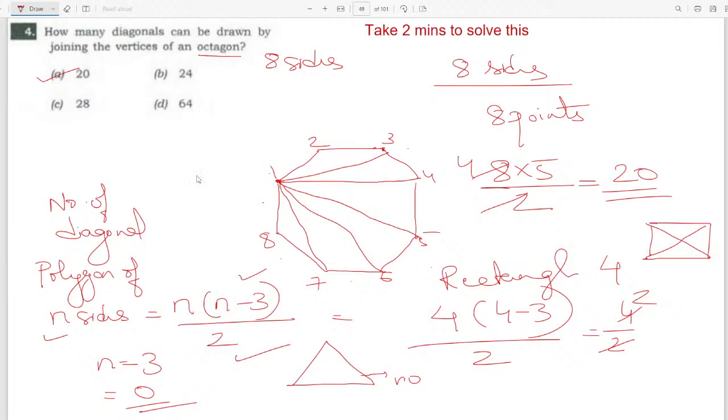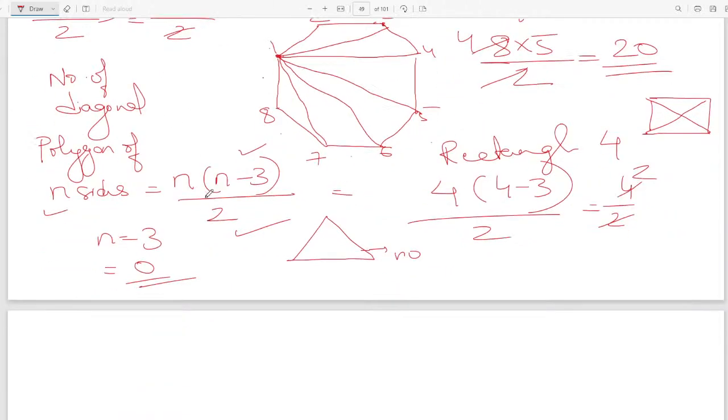If you are considering a pentagon, it will be 5 into 5 minus 3 by 2, which is equal to 5 into 2 by 2. So a pentagon would have 5 diagonals. So this formula is applicable for any polygon with n sides. I hope it's clear. Okay, we'll move to the next question.